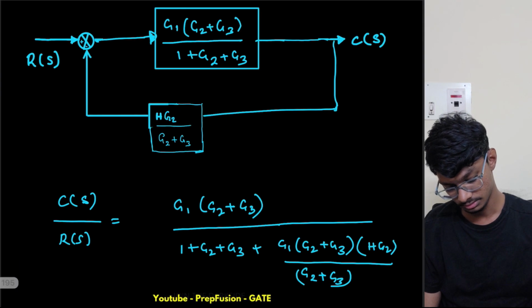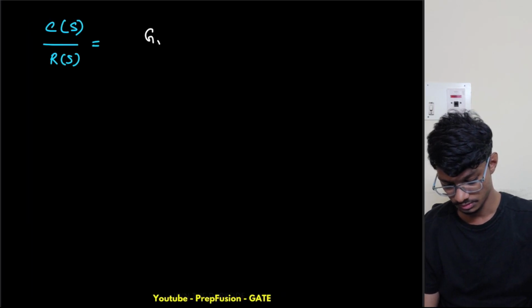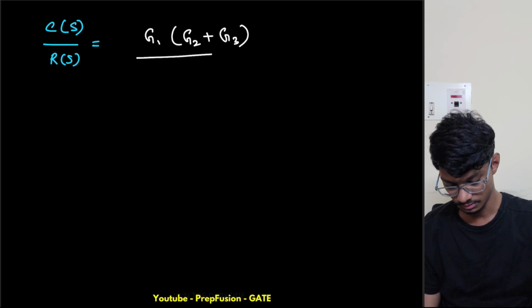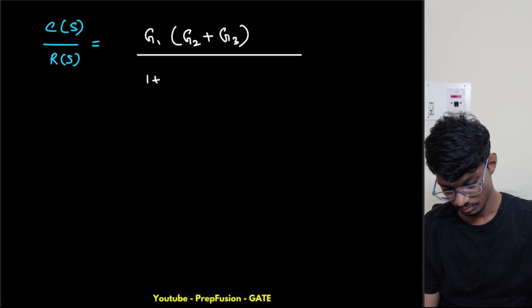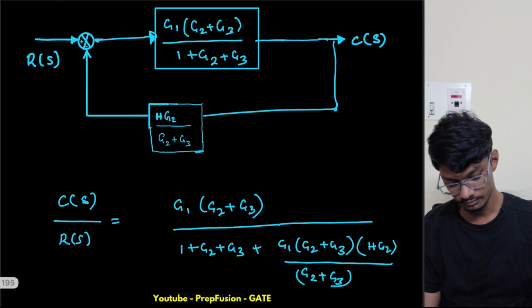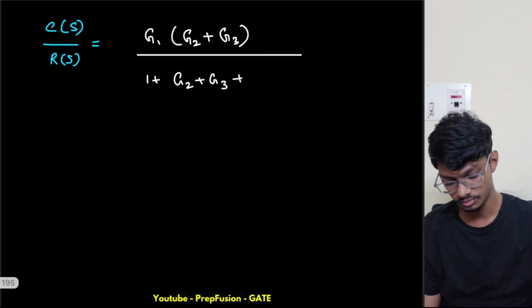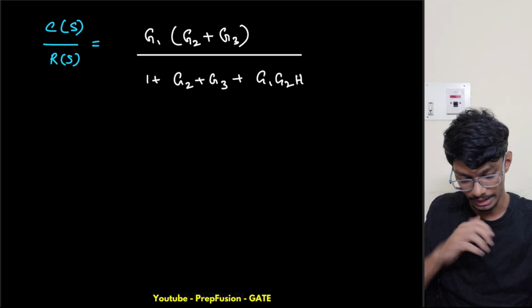It is G1 into G2 plus G3, then we have 1 plus G2 plus G3, then we have G1 into H, G1 G2 into H. Okay, so this will be our answer for the question.